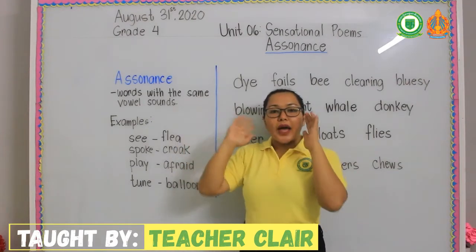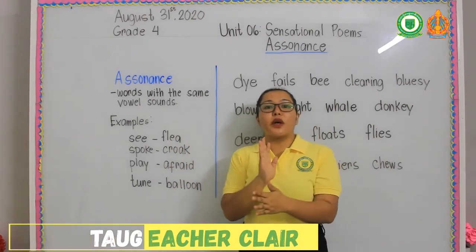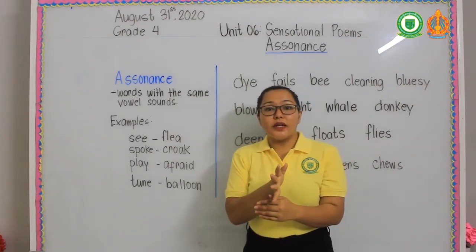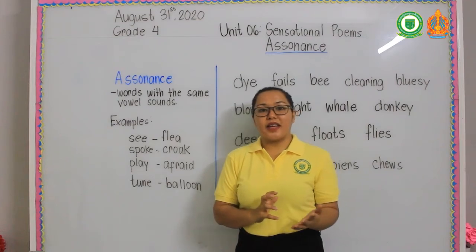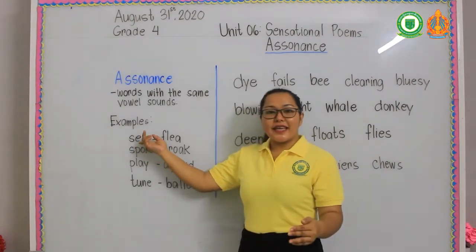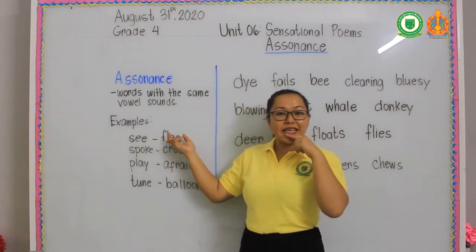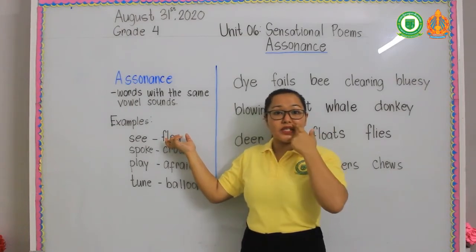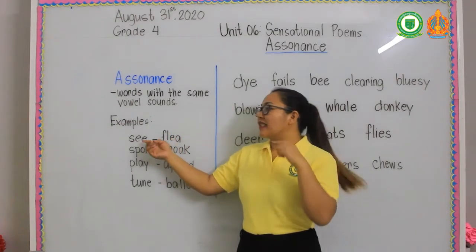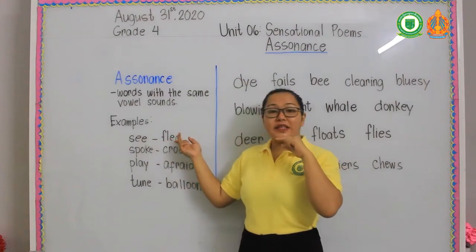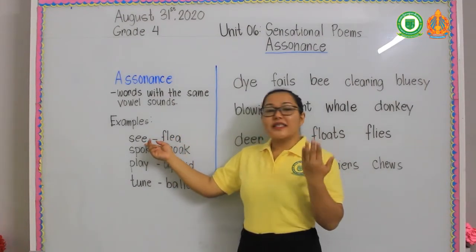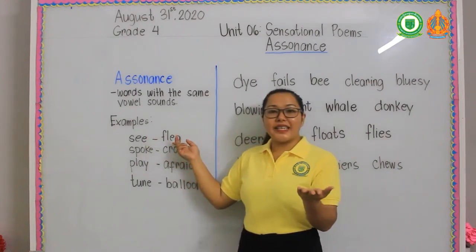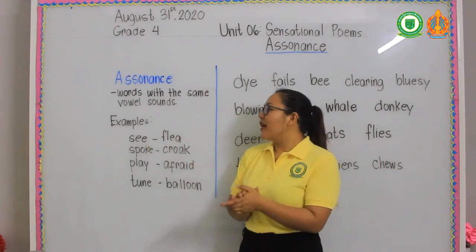You have to listen, like if you are reading the words, then you will notice that they have the same vowel sound. So again, see, flee, which is E, right? Please repeat after me. See, flee. Okay, good job.